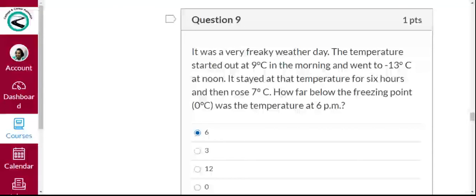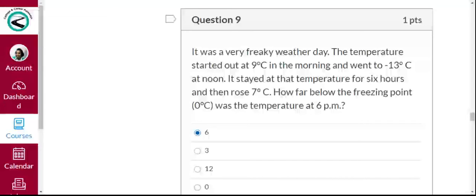So how far below the freezing point was the temperature? All right, so let me put this on a number line. That'll help me visually. So I'm 9 degrees here, and it went down to negative 13 degrees. Here's 0. And for 6 hours, it rose up to 7, so that would be actually just negative 6 degrees. It only went up 7.